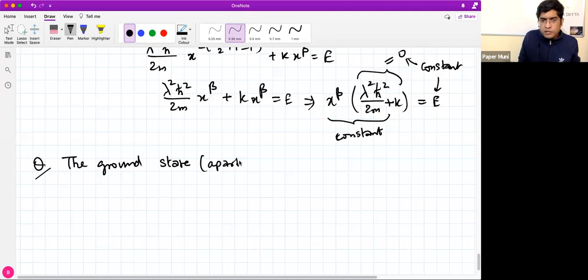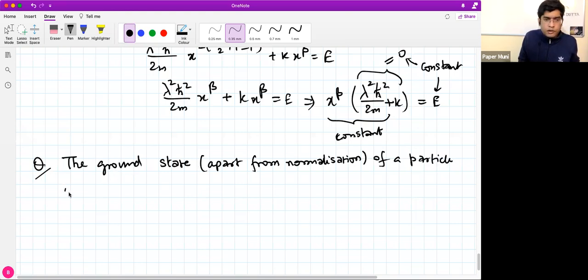Apart from normalization, of a particle of unit mass moving in a one-dimensional potential.